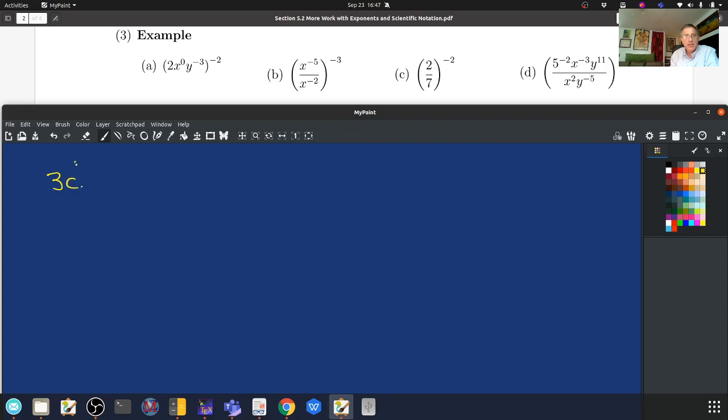Let's do number C. We have 2/7 raised to the minus 2. Again, using PEMDAS, there's nothing I can do to reduce this fraction. So I immediately have to use the power of a quotient rule.